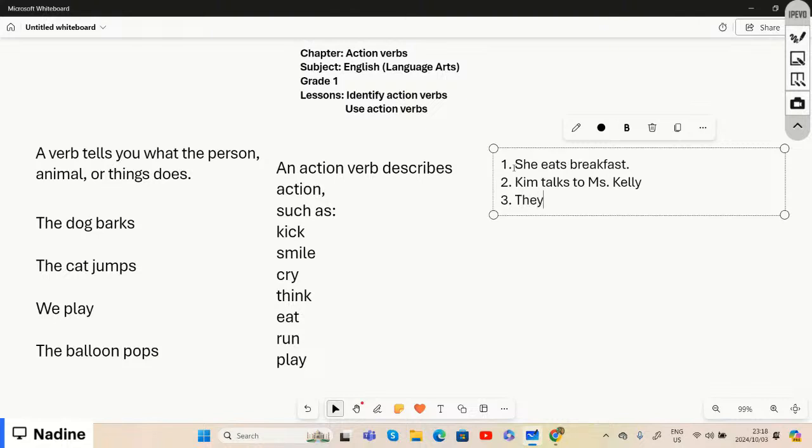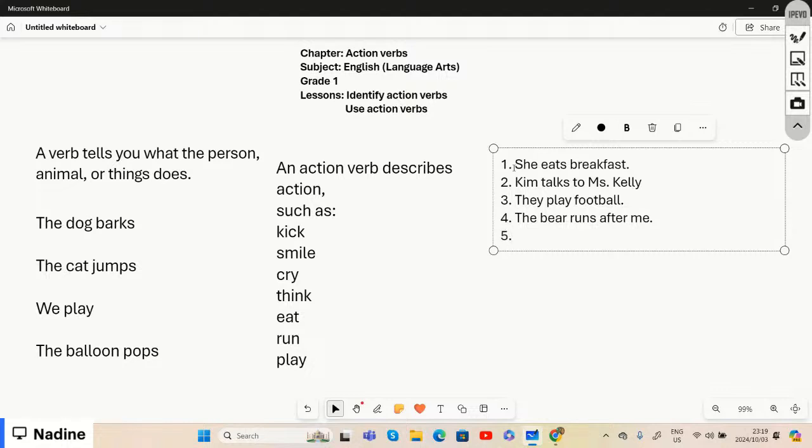We can say they play football. You can say the bear runs after me.